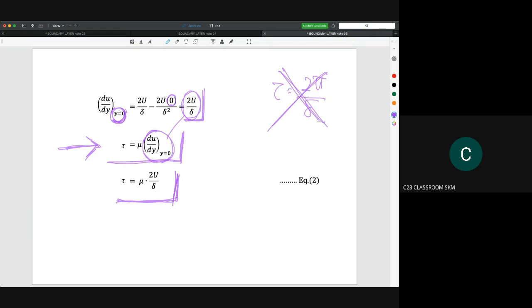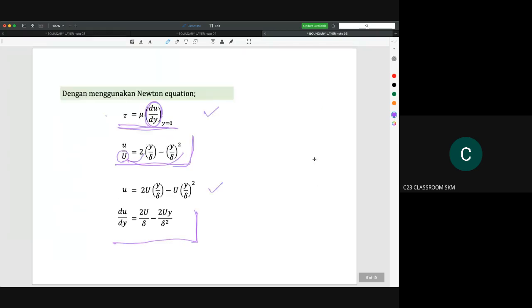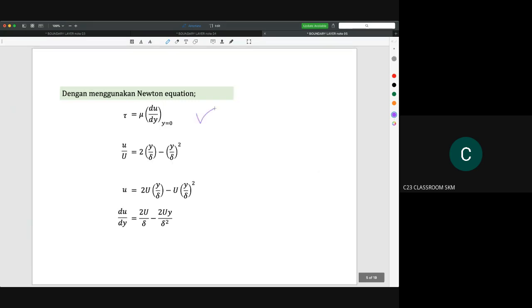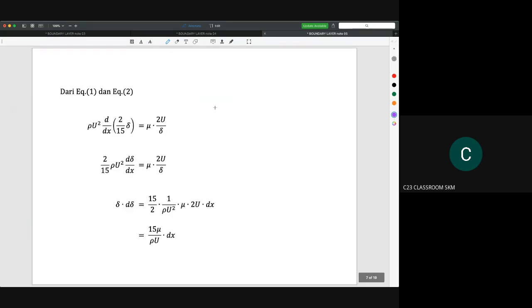Now you have already solved two equations for shear stress. One is von Karman, and another one is Newton's law. Because both of those equations express the shear stress, what we need to do is equalize both equations.